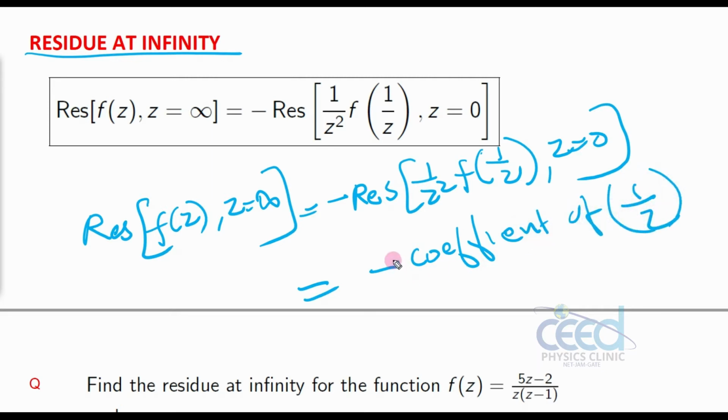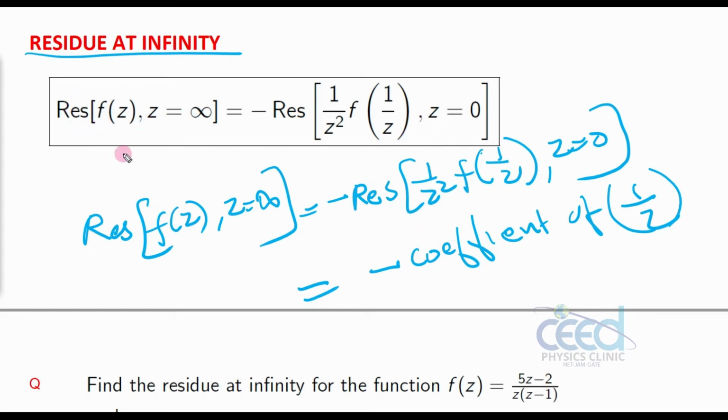Suppose when you are calculating the result you get a series, right? Then you can take the negative coefficient of 1 by z, that will be the result. Or if you can represent it in a series manner with a coefficient of 1 by z, then you may use this formula. Both are the same.